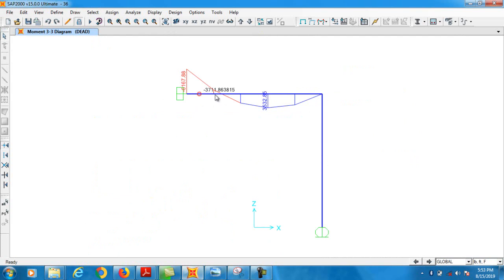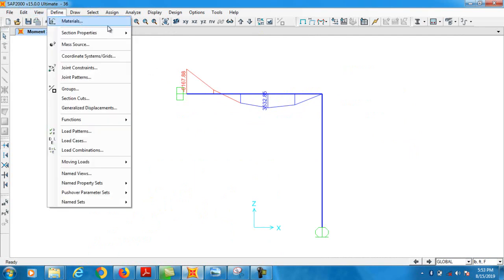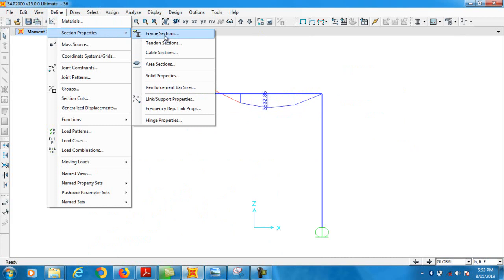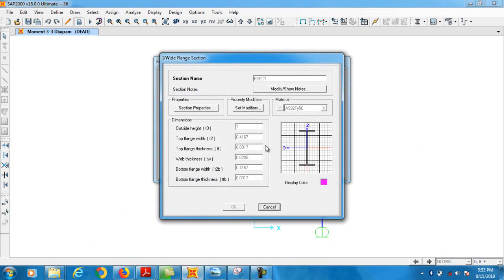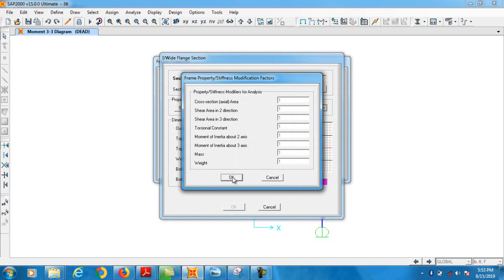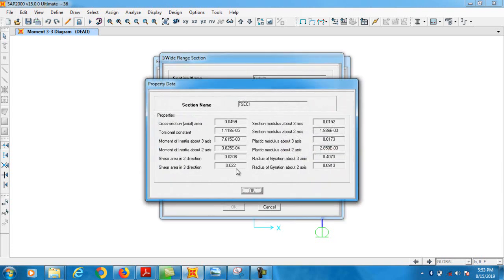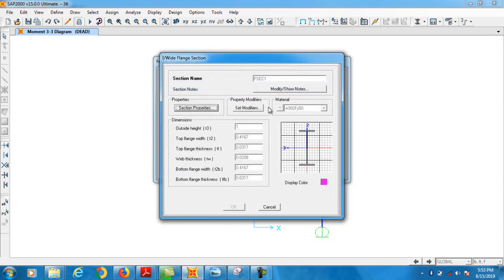First of all, you have to define the properties of your section. That is your frame section, and here you will modify and change the moment of inertia about different axes, which is given. So this is a lengthy process.